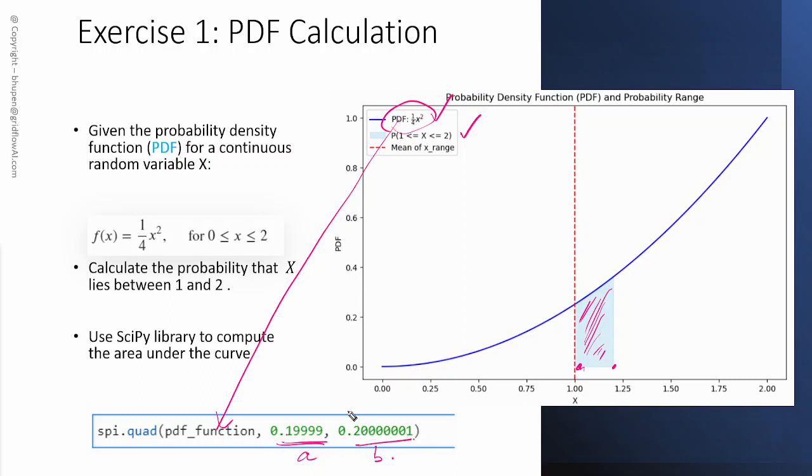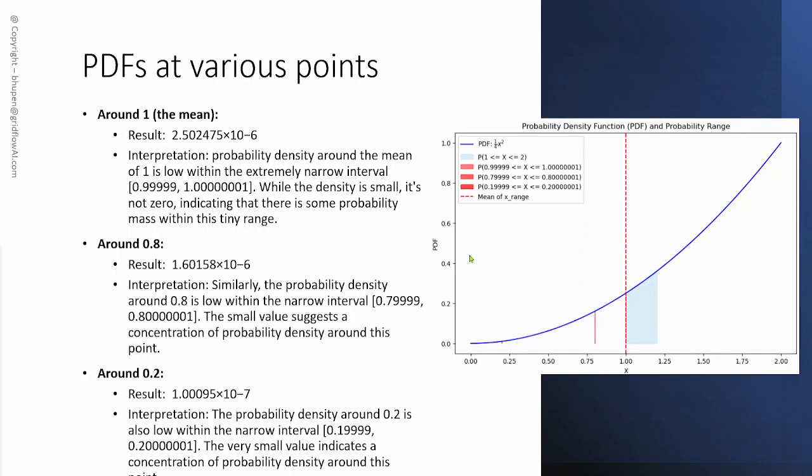Here we are talking about 0.2 as the point. I've taken a small lower limit and a very small upper limit around 0.2, just added 1 here. That's what we do to compute the density or area under the curve.